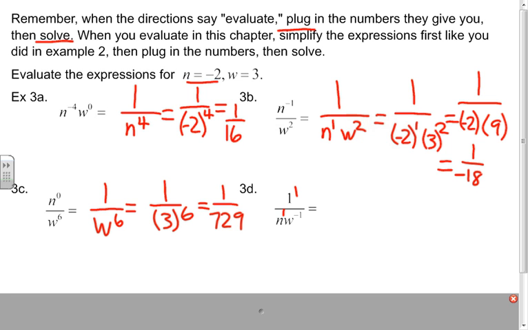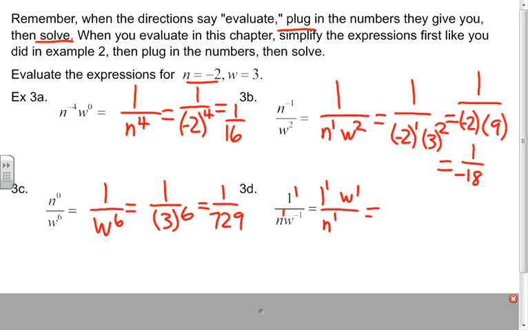It's also a positive 1. The 1 has a positive exponent, so it stays where it is. The n has a positive exponent, so it stays where it is. The w has a negative exponent, so it switches places. It moves to the top, and it goes from a negative 1 to a positive 1.